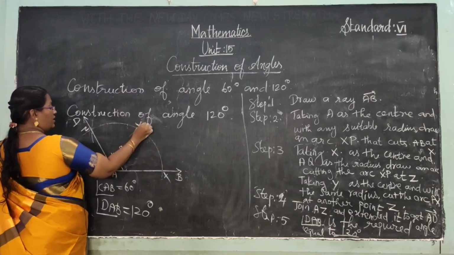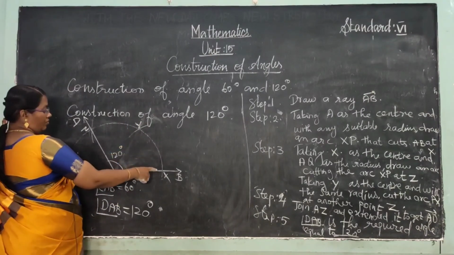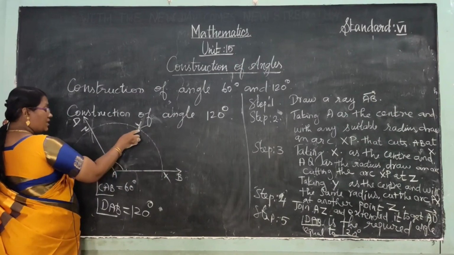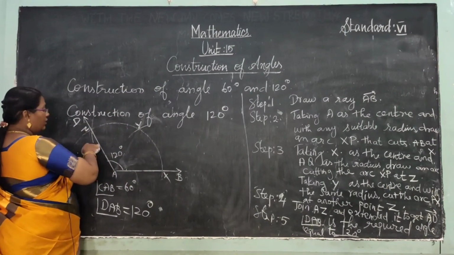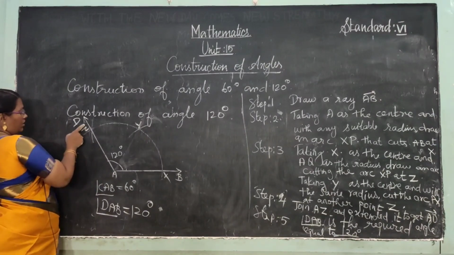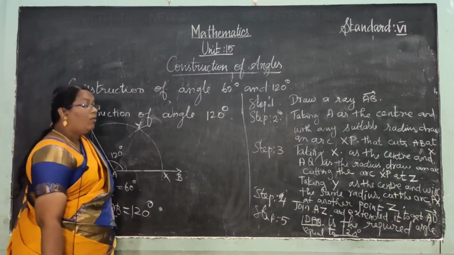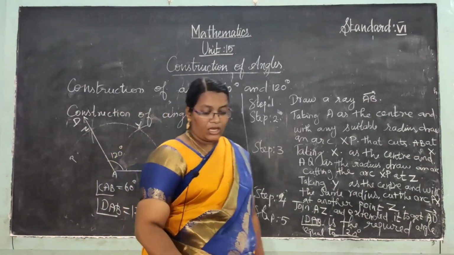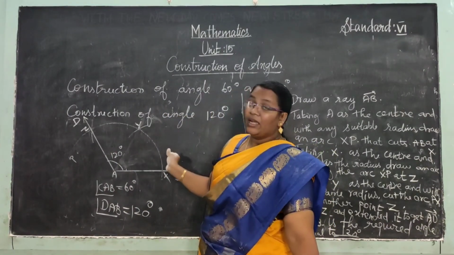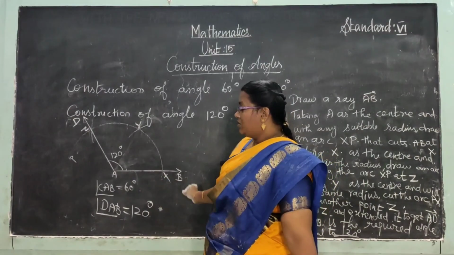With the same radius and center Y, draw another arc. Then join the line A to Z and extend the line to ray AD. We get the 120 degree. So the construction of 60 degree I have extended to 120 degree. I hope you have understood this.